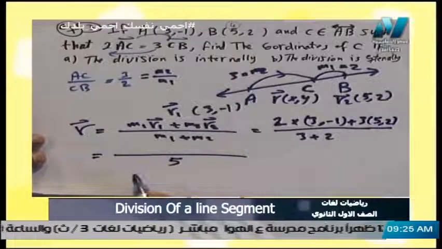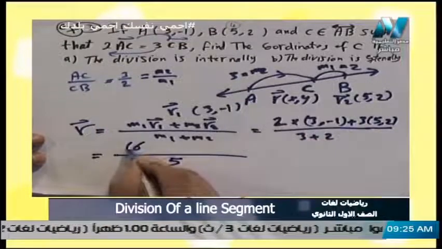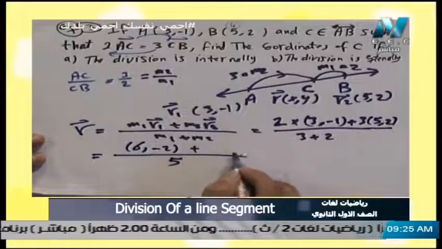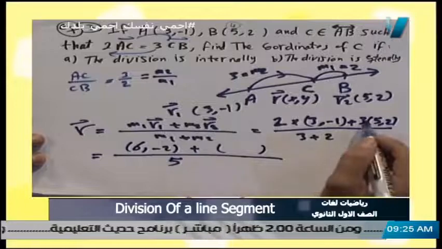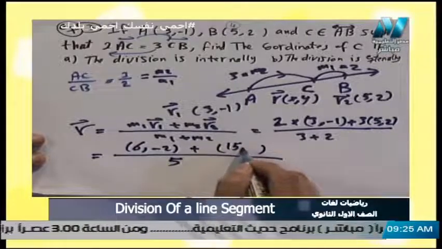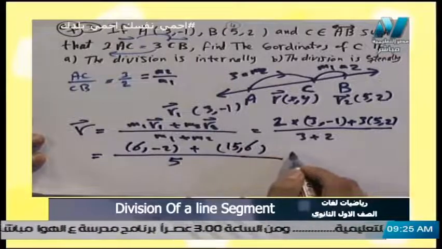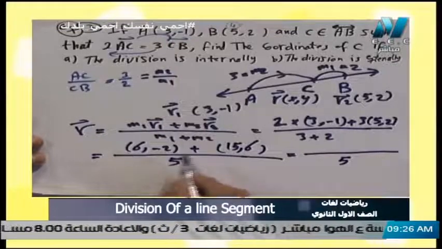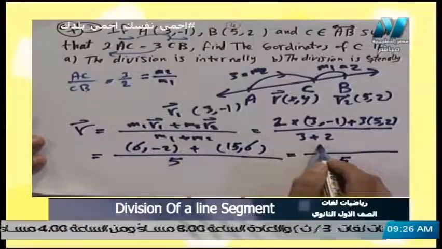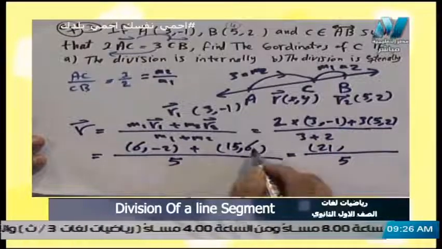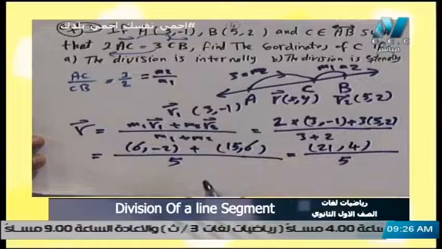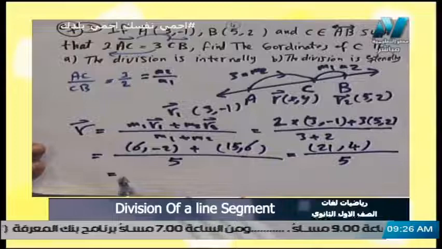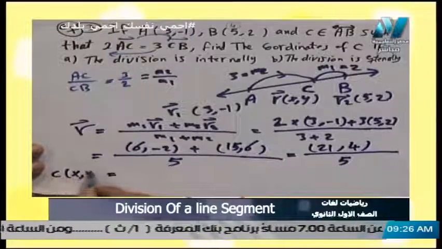2 times 3 equals 6. 2 times negative 1 equals negative 2, plus 3 times 5 equals 15. 3 times 2 equals 6. Over 5. 6 plus 15 equals 21. Negative 2 plus 6 equals 4. So the final answer will be C, which is X and Y here.